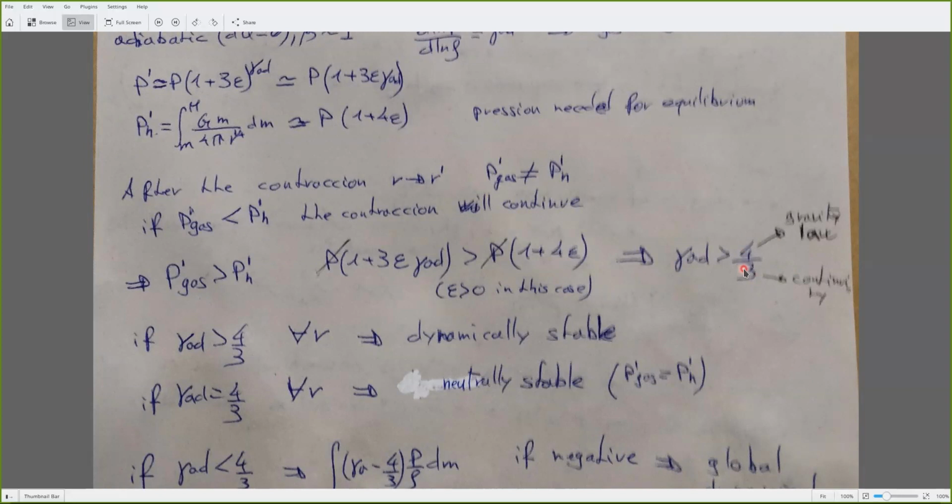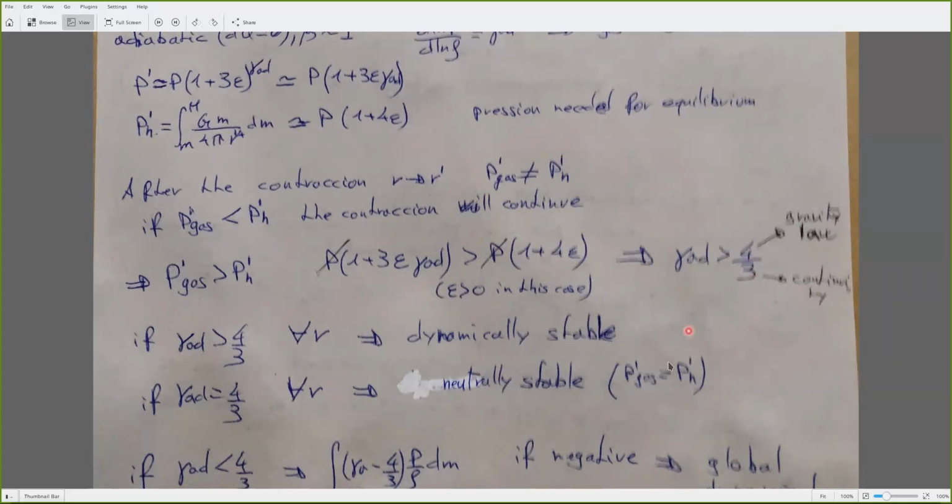If we have a different relation for the gravitational effect, that value will be different. So this is embedded in the gravitational law that we need stability with the adiabatic coefficient.